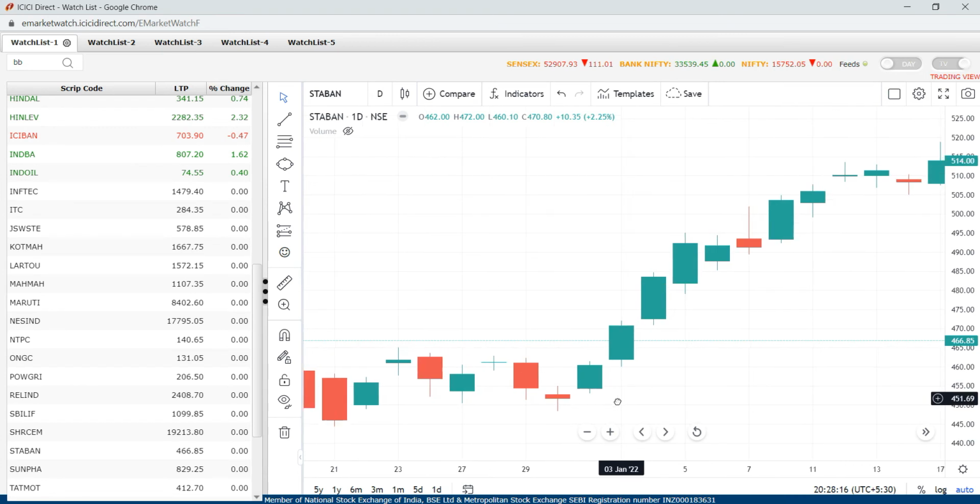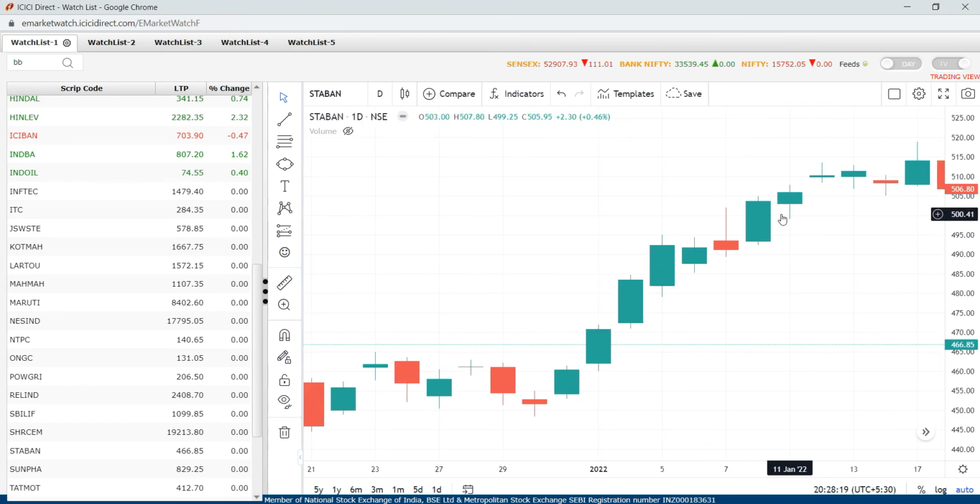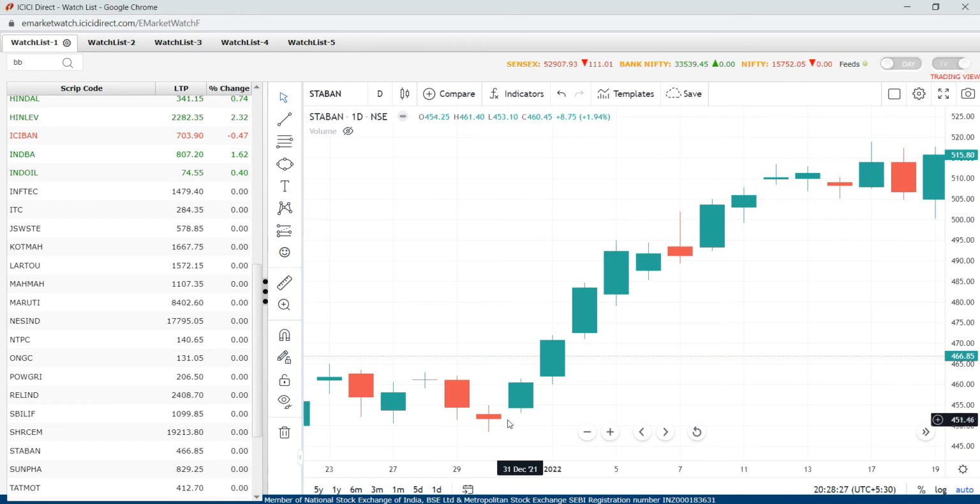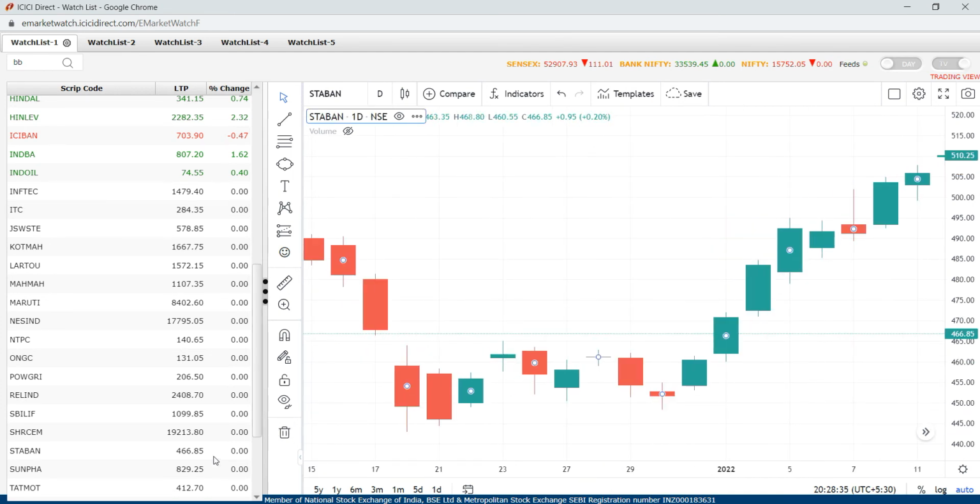Then only can you find a better trade after that. Here you can find this particular closing is more than 50% of the first candle, so the trend is up after the morning star pattern. Similarly, we will check another stock to see if we can find some pattern on it.